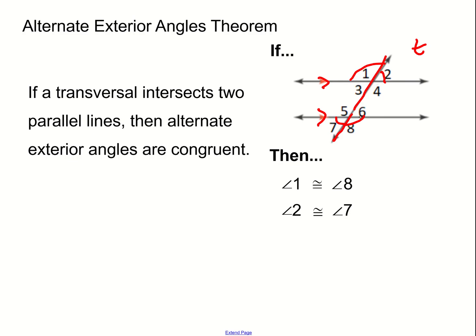So angle 1 has to be equal to angle 8, the measure of angle 1, and then angle 2 has to be equal to angle 7. So this does not mean that angle 1 equals angle 2. That's not true, okay? What it means is that only the measure of angle 2 has to be equal to the measure of angle 7, okay? Similarly, the measure of angle 1 has to equal the measure of angle 8.